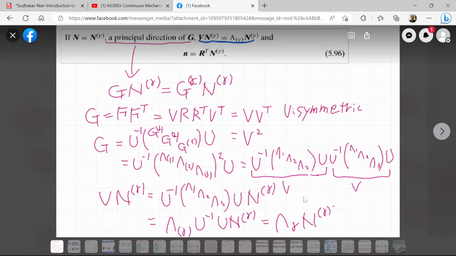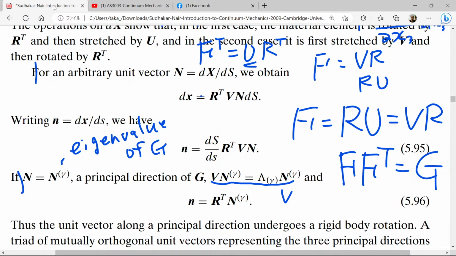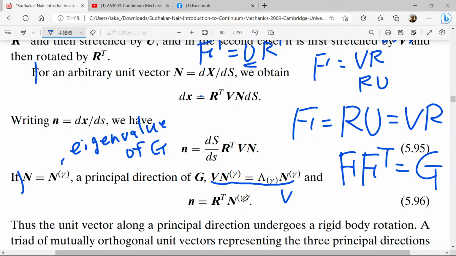So this is like an eigenvalue equation. So you get this V, which is a matrix, times eigenvector equal lambda gamma eigenvector. Okay. So you have this. You put this Vn to top.